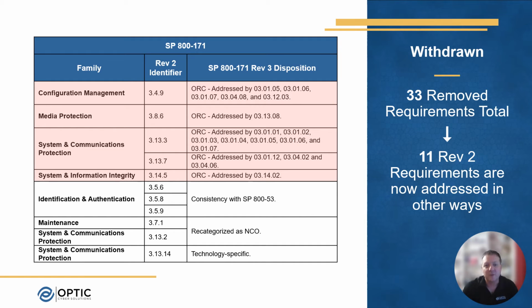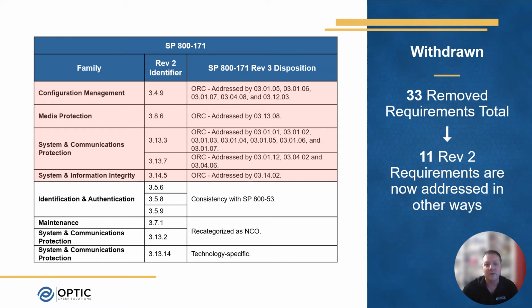So in addition to the 22 requirements that were removed from Rev 2 and realigned to other requirements in Rev 3, we can see here that there are 11 Rev 2 requirements that were handled in other ways via other mechanisms. And the first of which you'll see is the grouping of the first 5 requirements here.